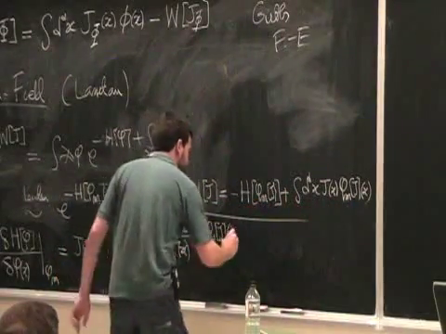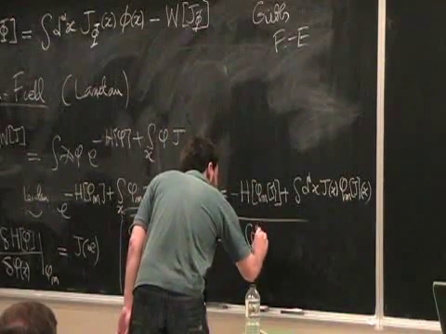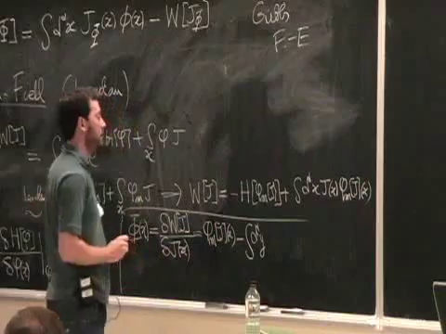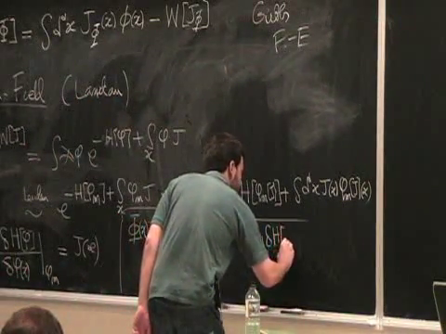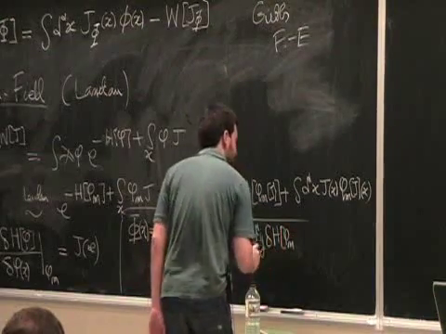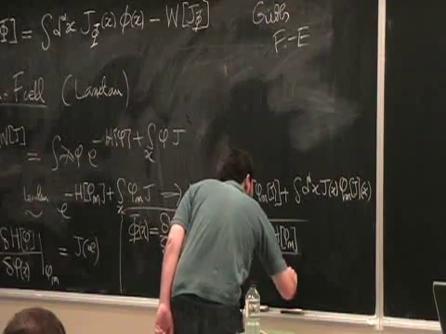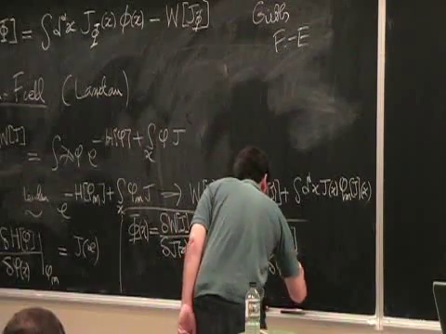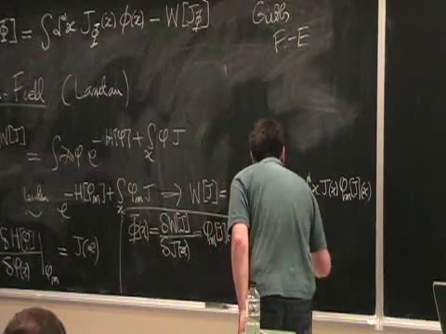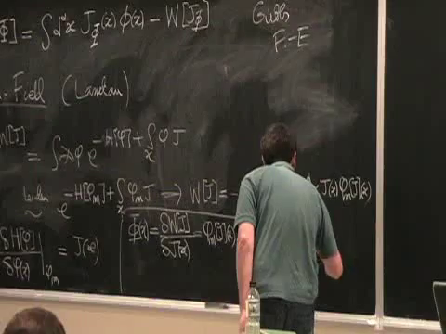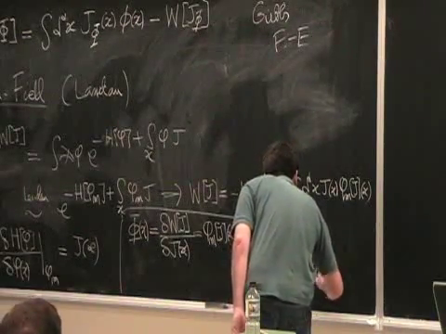So let's differentiate here. I will have minus the integral of dy of the derivative of H with respect to phi m, differentiated with respect to phi m of y, times the derivative of phi m of y with respect to J x.